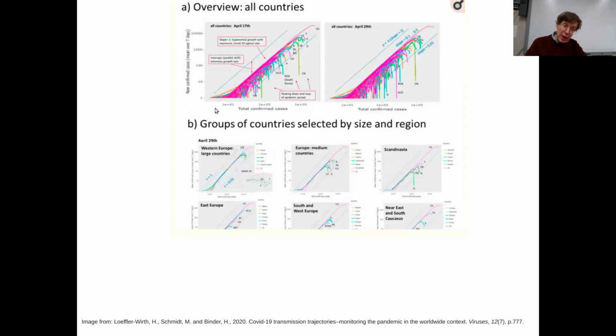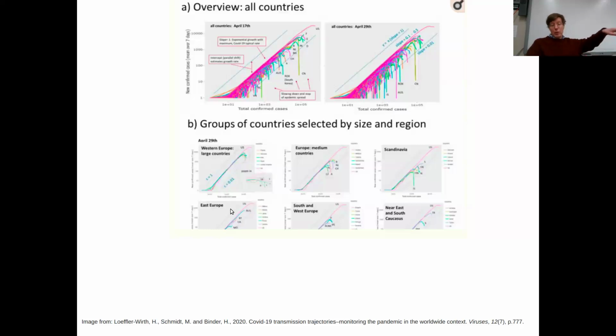Here we have total confirmed cases and new confirmed cases on the y-axis, and again, regularities. These are not coming by accident. They're not just stochastically all over the map. There are regularities here. They appear in country after country after country.